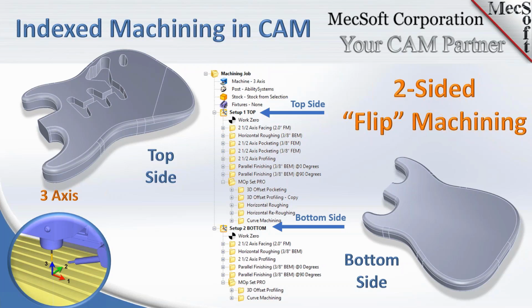So even though you can't move it around, it's still fixed by default. If you have a 2-sided part, you're taking that in-process stock and flipping it over, and that becomes another index position. So in the realm of indexing, 3-axis also has indexing built in, even if you're not really thinking about it.